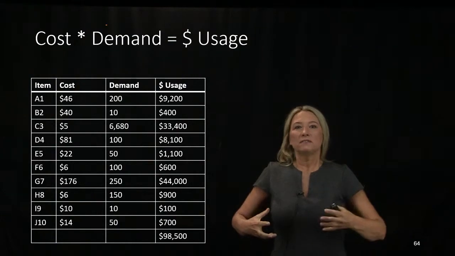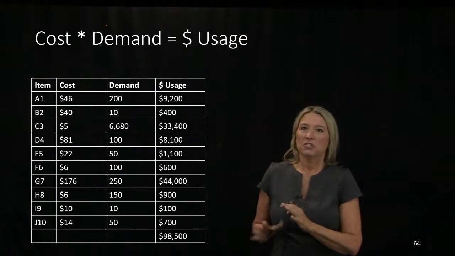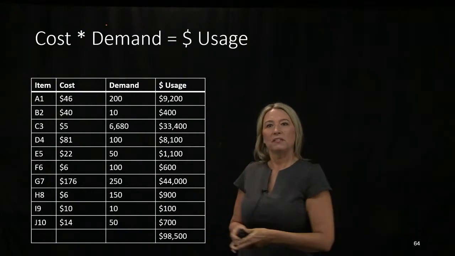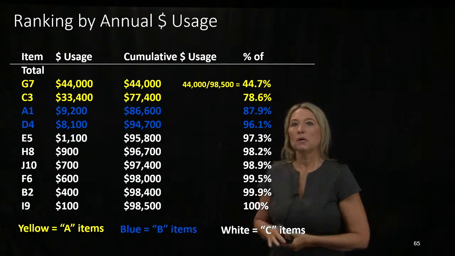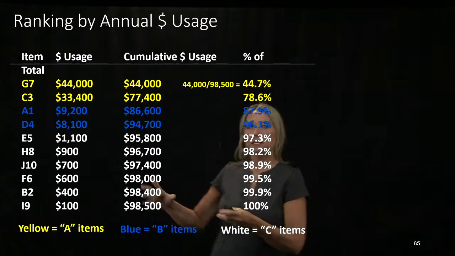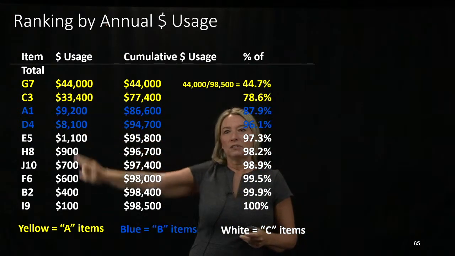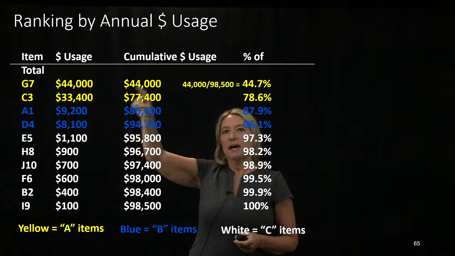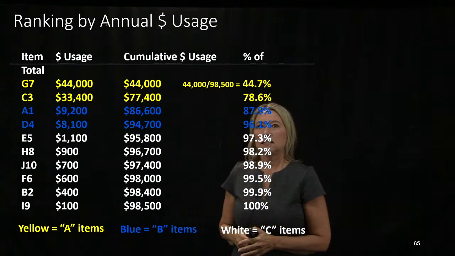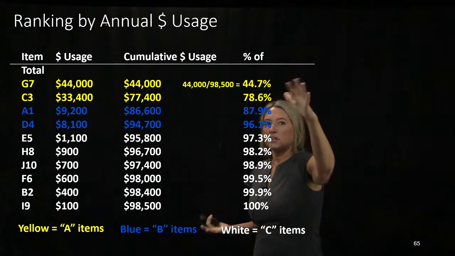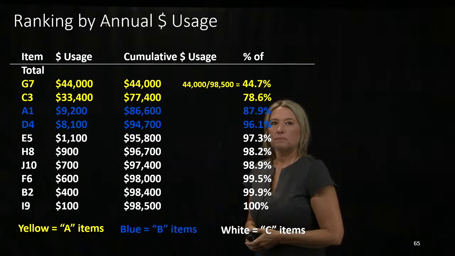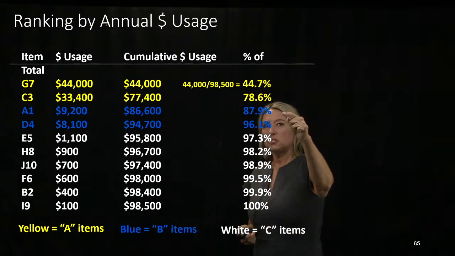Now think of this being in an Excel spreadsheet, and then you would just sort by this third column. By sorting on that third column, looking at the dollar usage, these top two items would be A's, because that's coming to almost 80% of your usage.